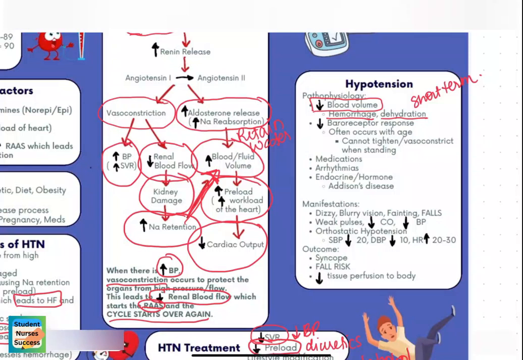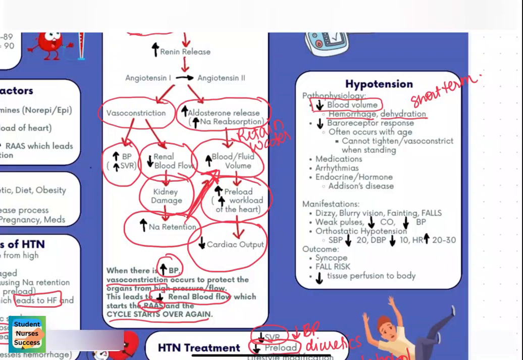Some individuals just have a hard time maintaining blood pressure, and some of this is related to baroreceptor response. Your baroreceptors in your arteries, like your aorta, sense when volume goes down or blood pressure drops. So, when you go from sitting to standing, or from lying to sitting to standing, gravity pulls down that volume and your baroreceptors respond by tightening.